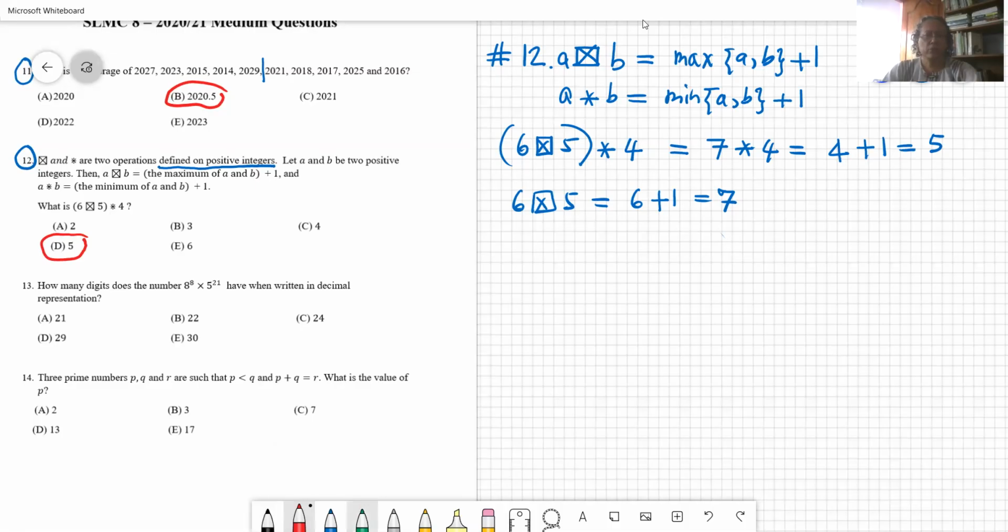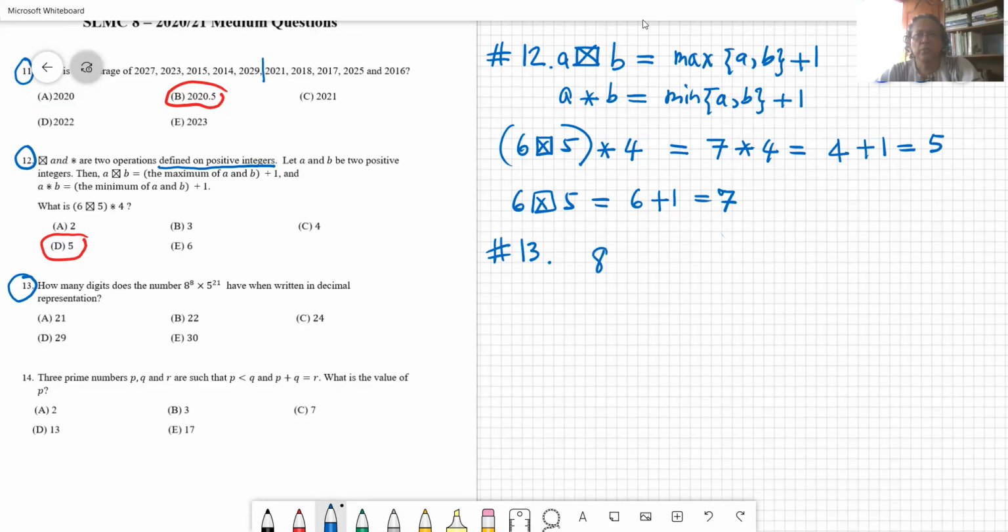Okay, let's go to the next question, number 13. How many digits does the number 8 to the 8 times 5 to the 21 have when written in decimal representation?